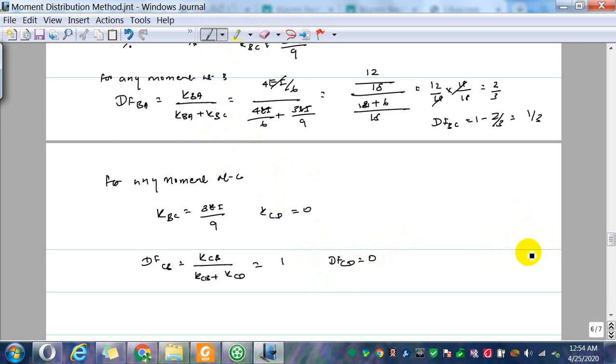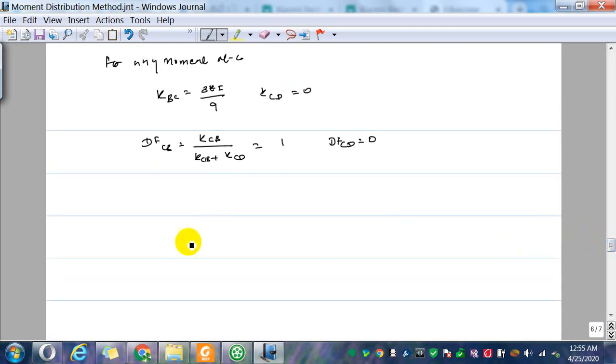So now we got the distribution factor and the bending stiffness. Now we have to carry out this moment distribution iterative procedure to obtain the results. Doing this moment distribution is very simple. Let me show you. You draw a table.